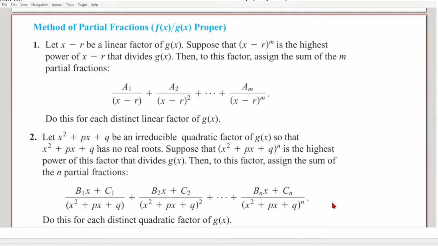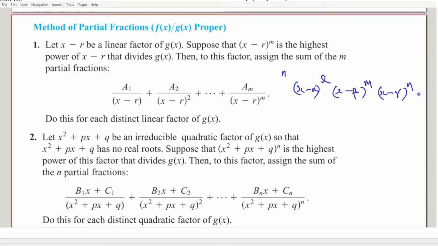So let's say there is a polynomial with, let's say, n roots. You can break this as x minus alpha whole power l, x minus beta whole power m, x minus gamma whole power n, something like this.